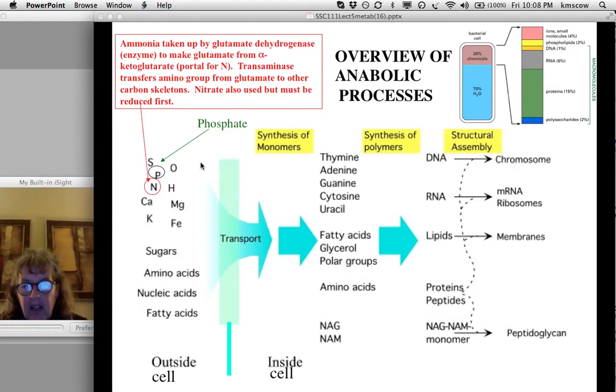But that's essentially just a couple of doorways or portals for nitrogen to enter into the cell, into making amino acids that are the carriers, essentially, of nitrogen to make all the other amino acids from. You may remember that from biochemistry, and we won't go into a lot of detail about that, but that's just something to point out about nitrogen.